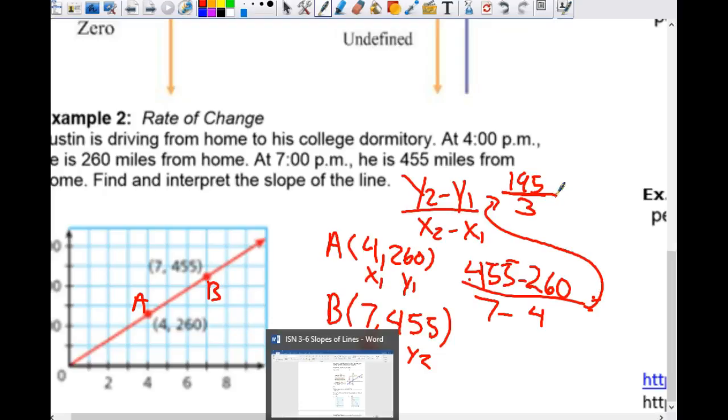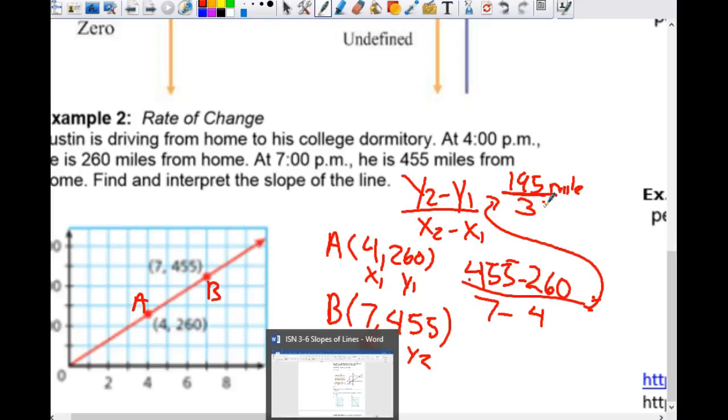So, I have a question. Does that have any meaning to you? Yep, it is a number. Remember when I said math and numbers mean nothing unless you give them units? So let's give these units. What was the unit for this number here? Miles. What was the unit for this one here?